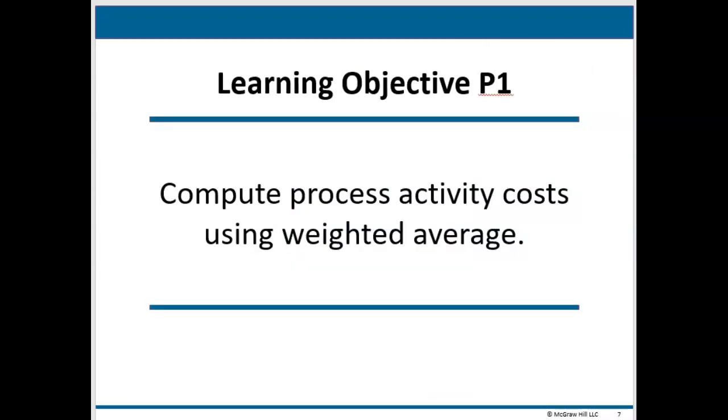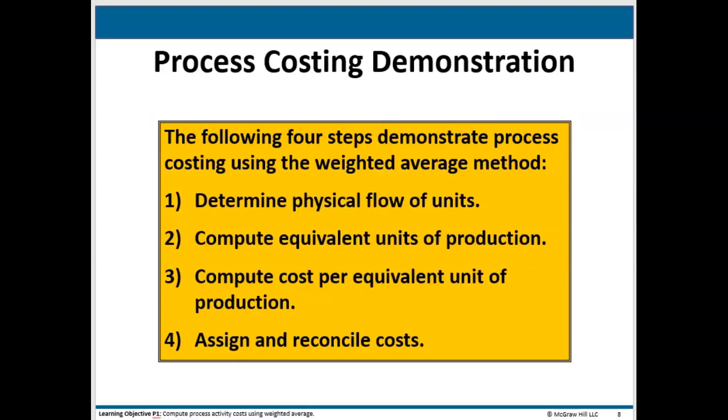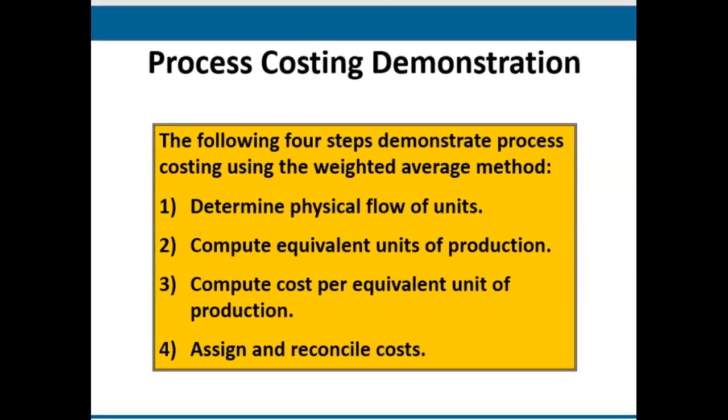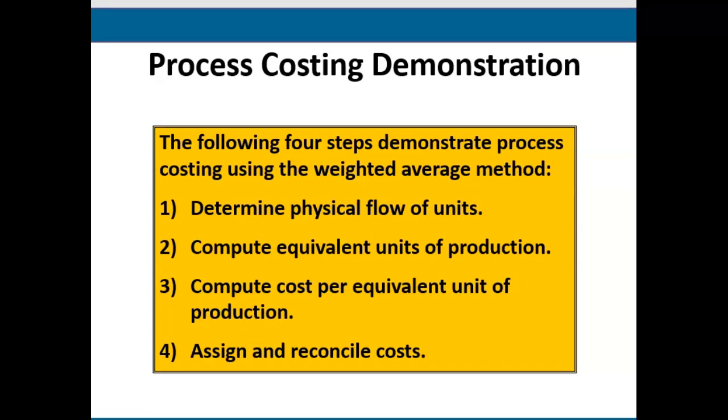Next, we'll talk about how do we compute process activity costs using the weighted average. So that's one of the inventory methods that we learned about in financial accounting. So the weighted average method, it basically combines unit and costs across two different periods in computing equivalent units and cost per equivalent unit.